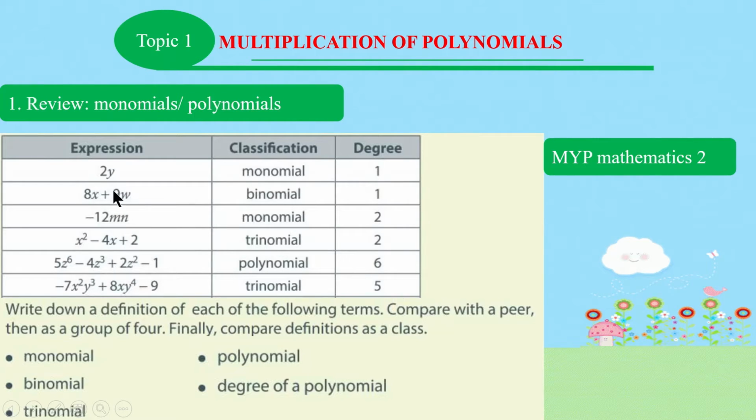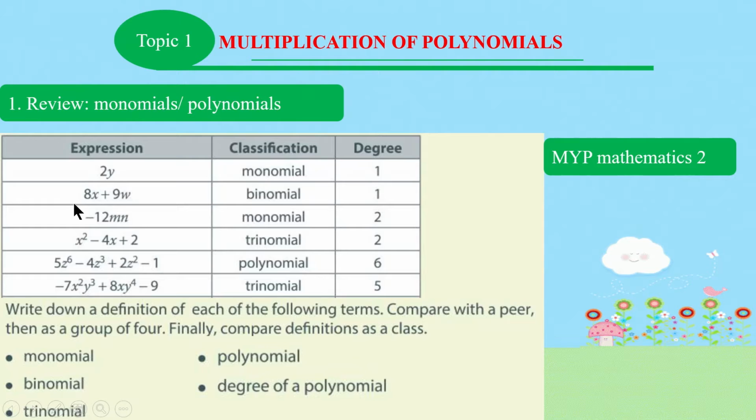For example, in the first expression, 2y. 2y only includes one term, which is called monomial. In order to find its degree, you just care about the variable part. I mean y. Y is actually y to the power of 1. So the degree is 1.